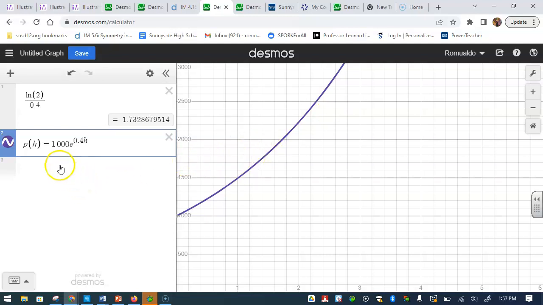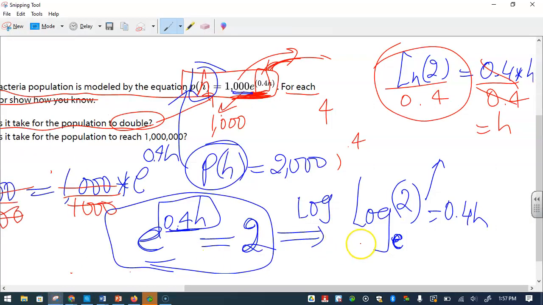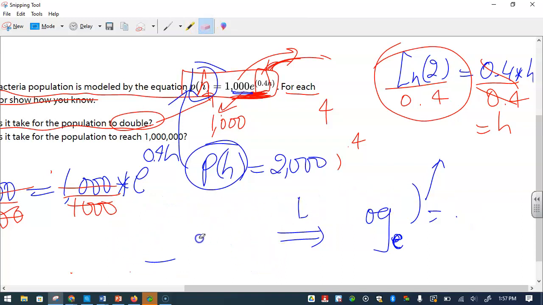And then another question, the B part, is when will the bacteria population be 1 million. You can do the same calculation that I showed, and instead of ln of 2, when you divide, let's go back here. If it was not double, let me write the same again.